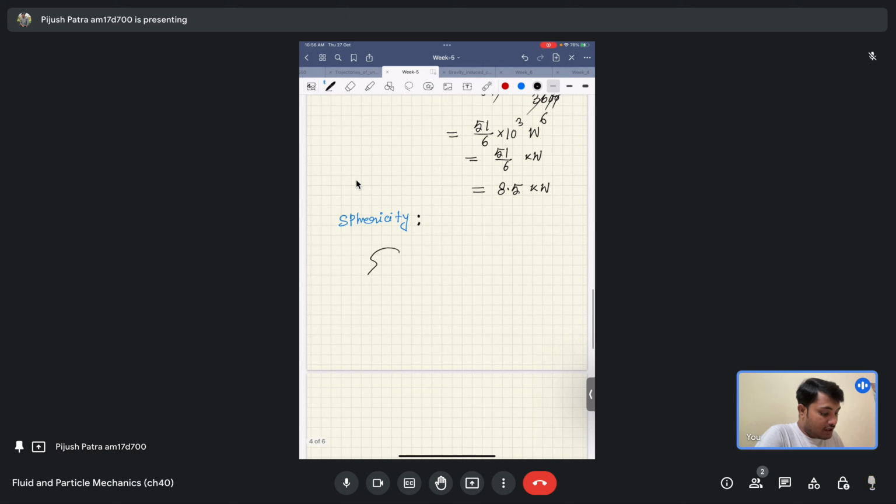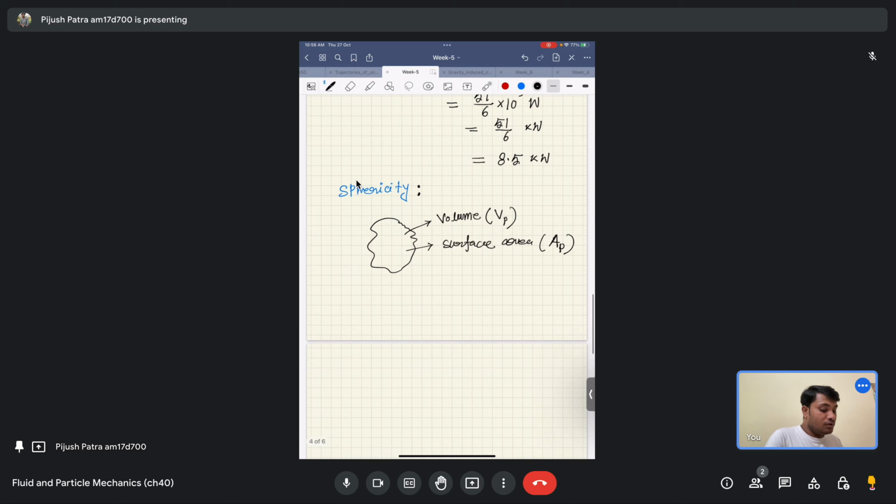If I have an arbitrary shaped particle, let's say its volume is Vp and surface area is Ap, where p represents the particle. As per the definition, the volume of the arbitrary shaped particle and the volume of the sphere should be the same.